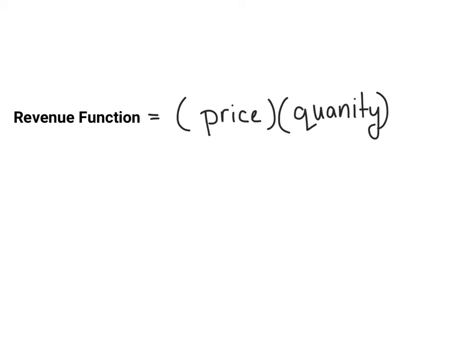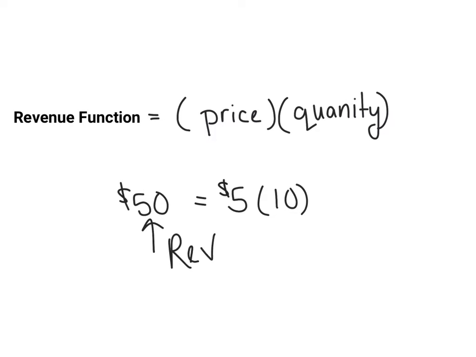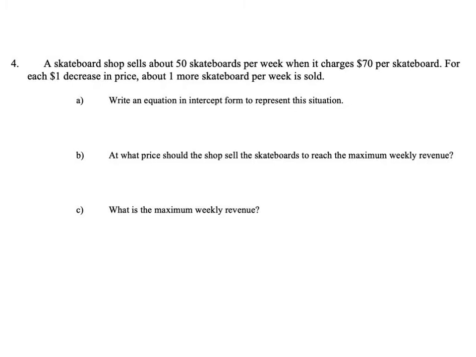If you sell something for $5 a piece, for instance, and you sell 10 of them, that means you make $50 in revenue. Not profit, not loss, just all the money you're bringing in. We're going to look at problems that ask us to maximize the revenue, because that's what many businesses are interested in doing, earning the maximum amount of money.